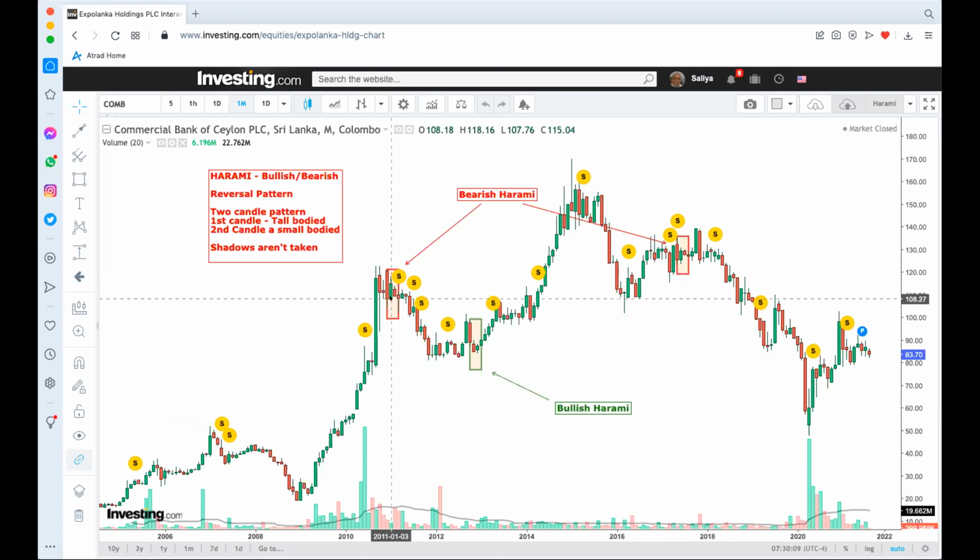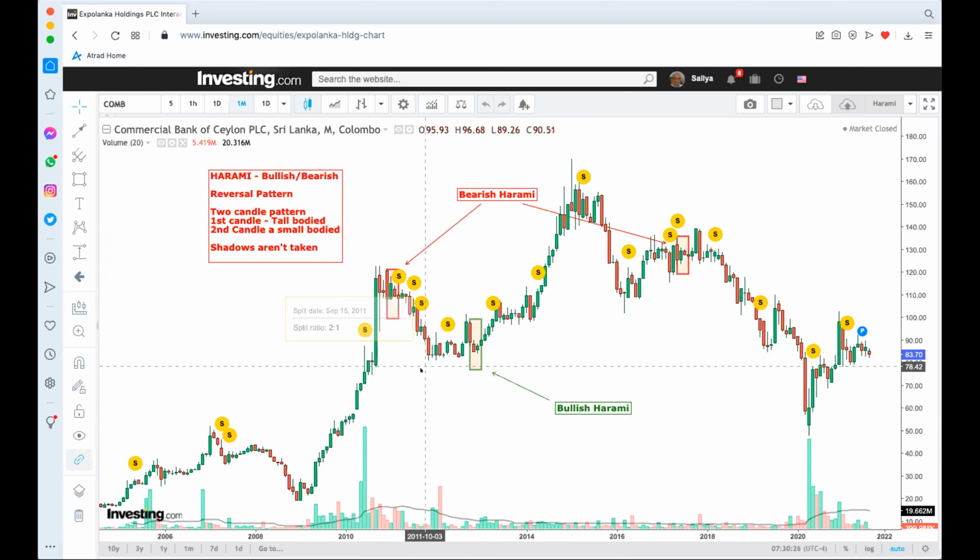A bearish Harami happens after a pause at a resistance level or resistance zone. Over here you can see there is a pause and a resistance zone, and in between there is a bearish Harami formation.